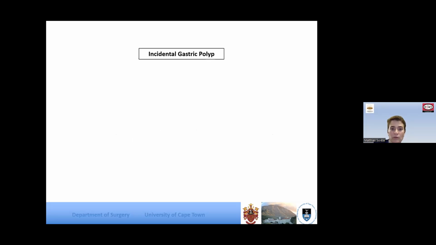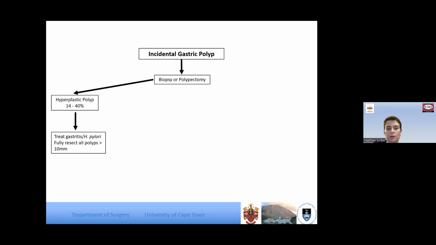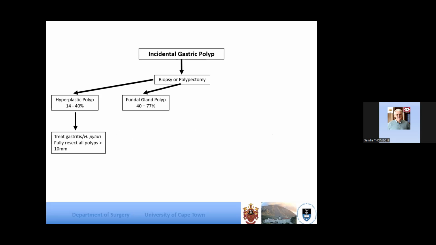So just to summarize quickly, biopsy or polypectomy gives you the diagnosis of it usually being either a hyperplastic polyp, which you're going to treat if present the H. pylori. You're going to resect everything that's bigger than 10 millimeters. Fundic gland polyps, the old ladies and the washed up jellyfish up in the top, very common.